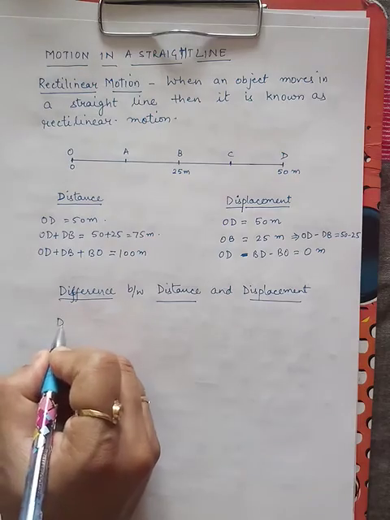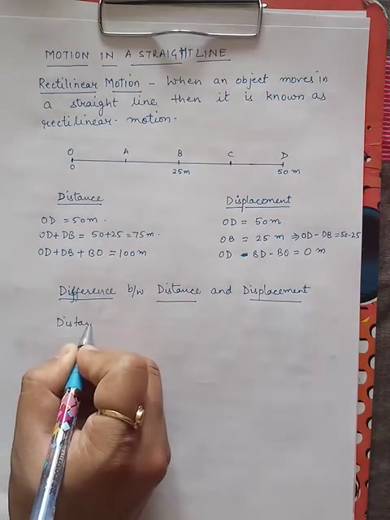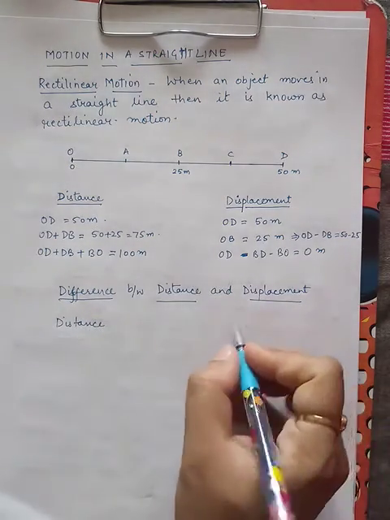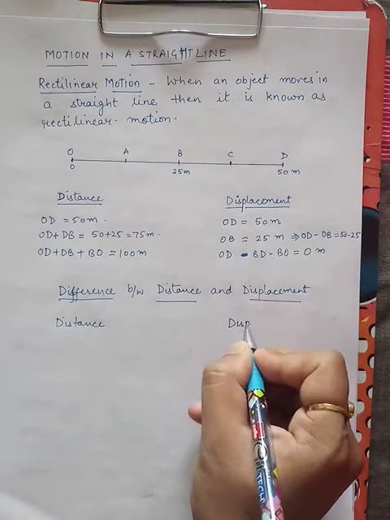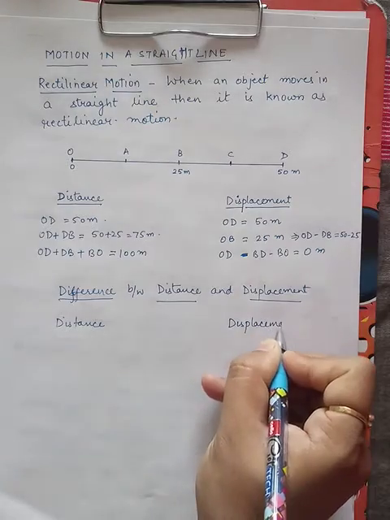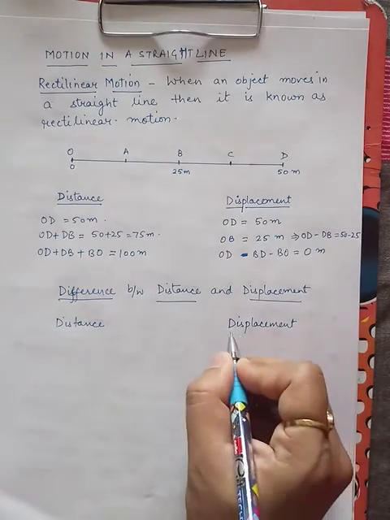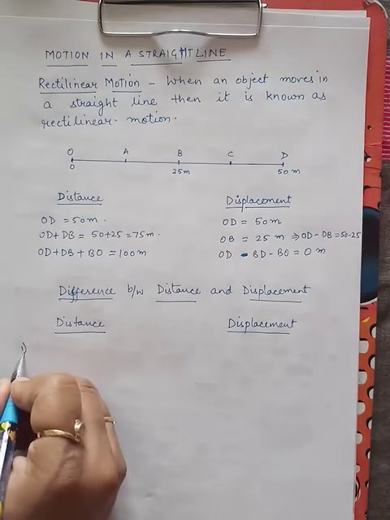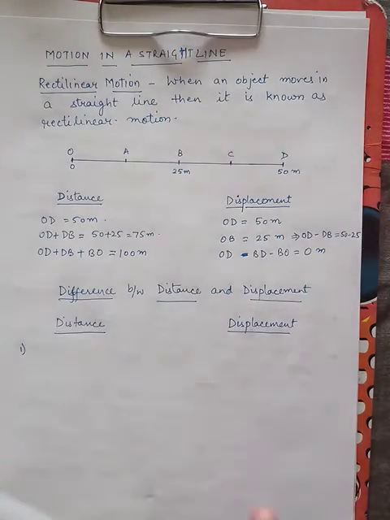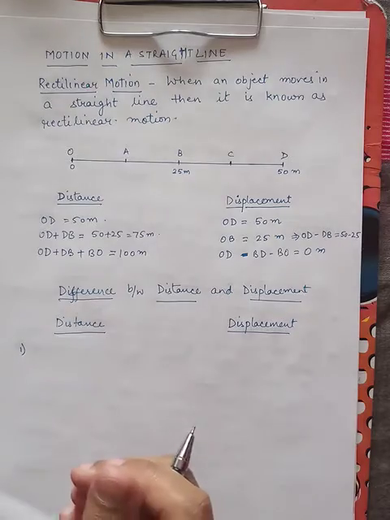Here I will write the points considered for distance, and here the points considered for displacement. In this case we can write down the definition also. The first point of difference is definition. By definition we can differentiate.